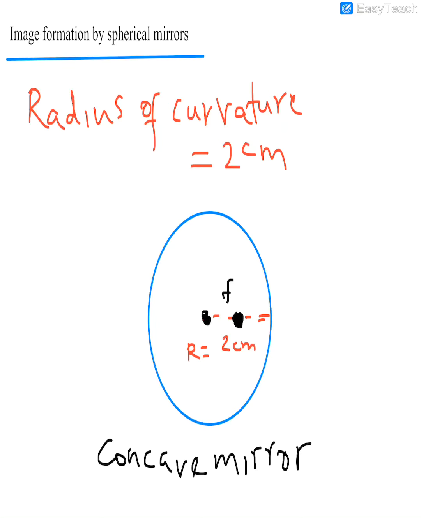For concave mirror, the reflecting surface is this caved surface, isn't it? So the surface which is not reflecting, use shading. So I am shading this surface because this is not the reflecting surface. I need only this much portion, I don't need the rest of the portion. Okay, so that I can remove the rest of the portion. Now I am removing the rest of the portion.